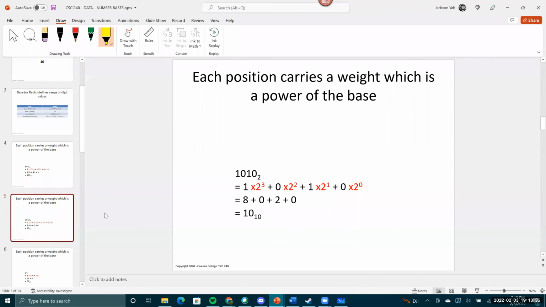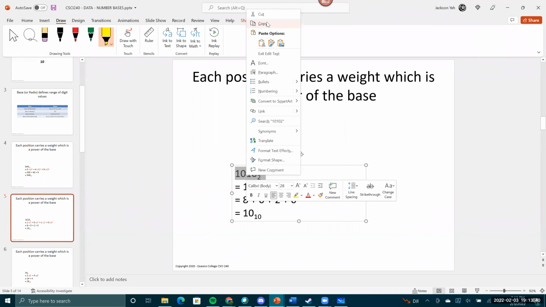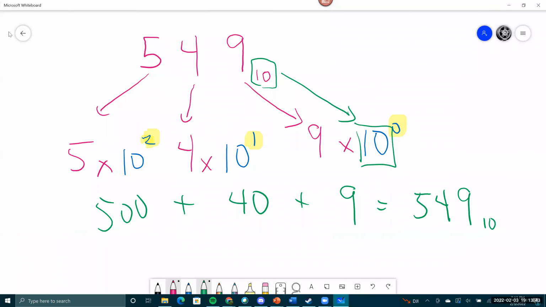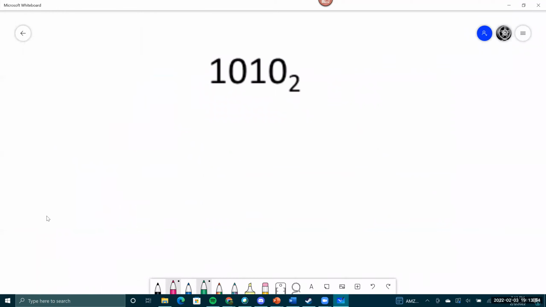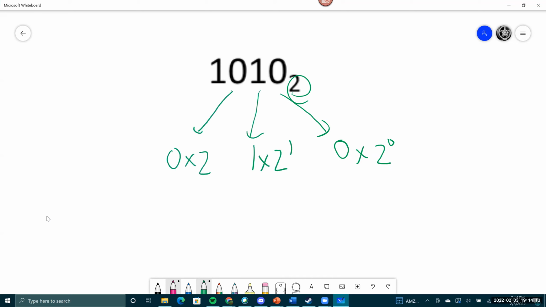So we have the number 1010 base 2. I'm going to copy that and paste it here. Having this number, this is 0 times 2 to the 0, because the number base here is 2. This is 1 times 2 to the 1. This is 0 times 2 squared.